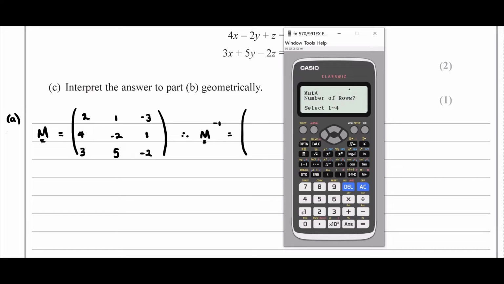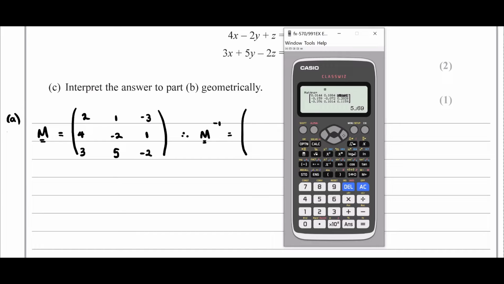We will define matrix A with 3 rows, 3 columns, elements 2, 1, minus 3, 4, minus 2, 1, 3, 5, minus 2. Once we've defined that matrix, press AC, then press Options, click number 3 for matrix A. We wish to find the inverse of matrix A.